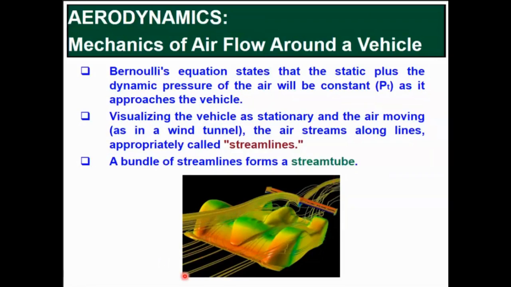For example, this line goes through the vehicle. We call it a streamline. There are many streamlines here, and a bundle of streamlines we call a stream tube. For example, at this area that faces the center of the vehicle and goes over the vehicle, we call it a stream tube.